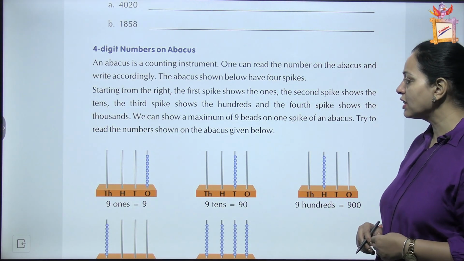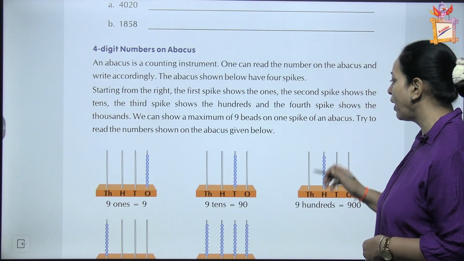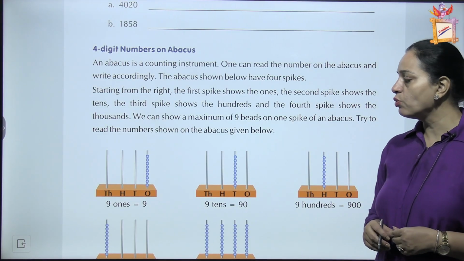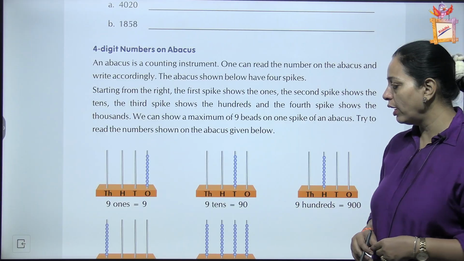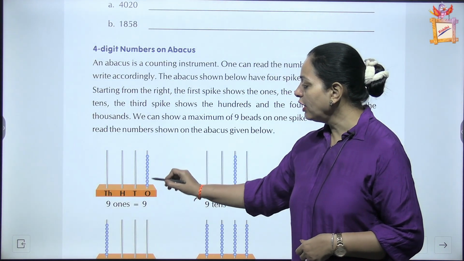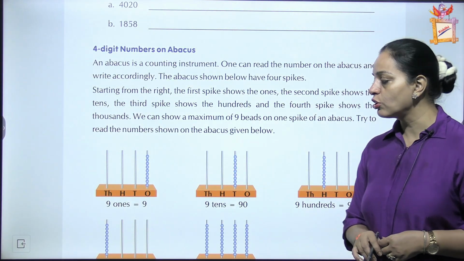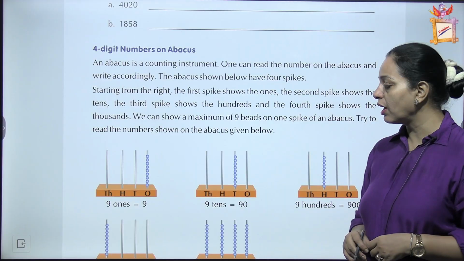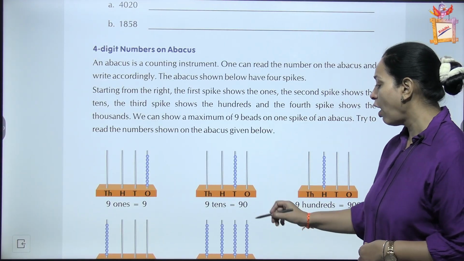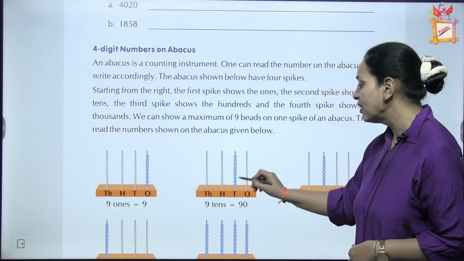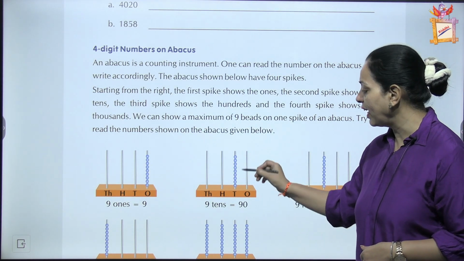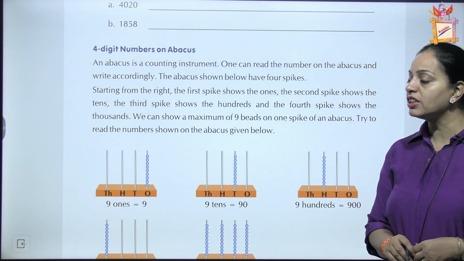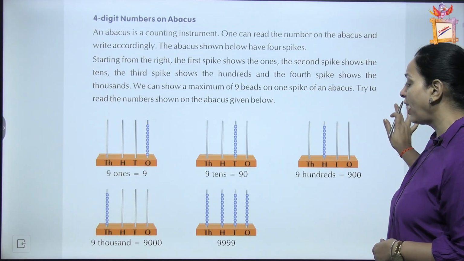We can show a maximum of 9 beads on one spike of an abacus. Try to read the numbers shown on the abacus given below. So here we have 9 beads in one spike, so 9 ones. So this becomes 9. And now here we have 9 beads in the tens spike, so this becomes 9 tens, which means 90.